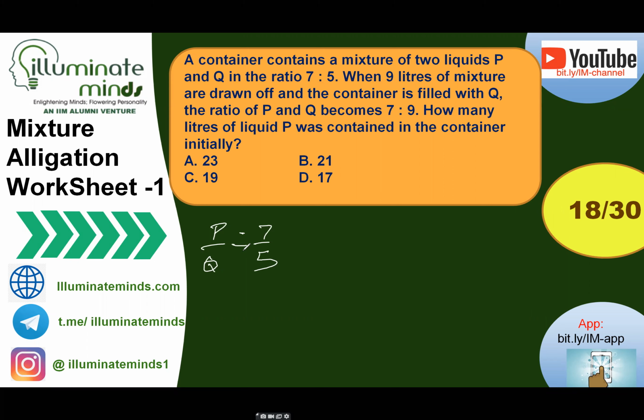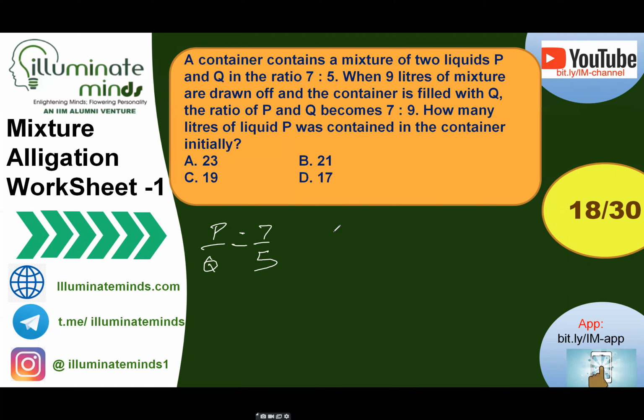When 9 liters of mixture are drawn off and the container is filled with Q, the ratio becomes 7 is to 9. Fine. So as I told in the theory lecture, present population upon initial population starts with.